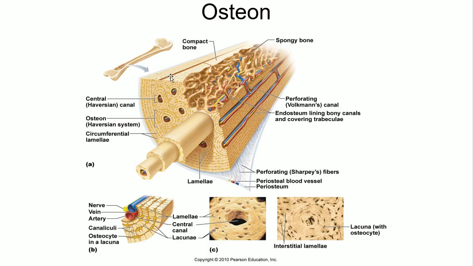We've got compact bone, spongy bone, and all of these little winding things in the spongy bone are called trabecula. We have our little side streets, our Volkmann's canals or perforating canals, that allow vessels through and communication between the spongy bone and the compact bone.